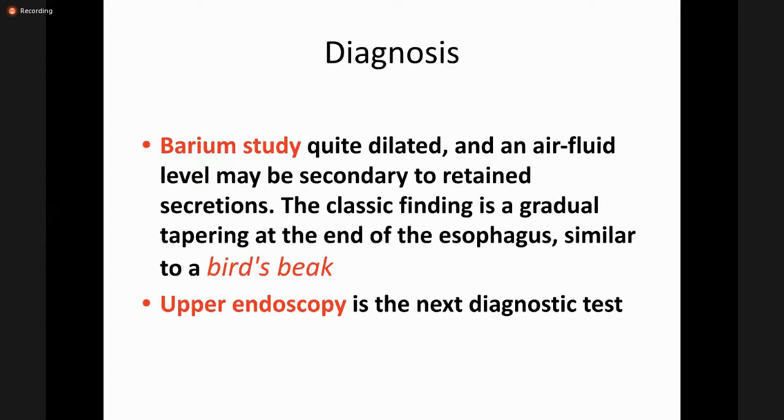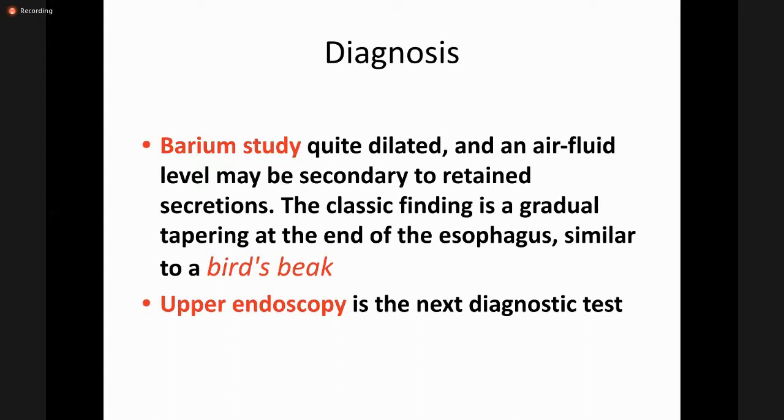So for achalasia, we want to diagnose the pathology in the esophagus, so we do a barium swallow. Can you differentiate between barium swallow, barium meal, and barium follow through? And if we want to see the colon, we give a barium enema. There are four varieties: barium swallow, barium meal, barium follow through, and barium enema.